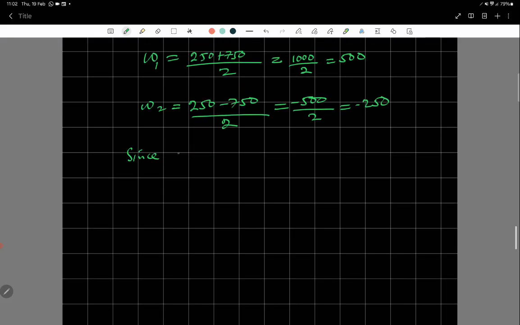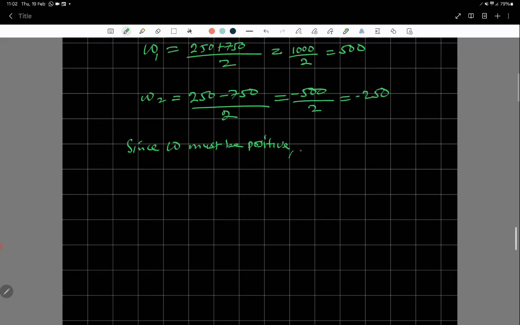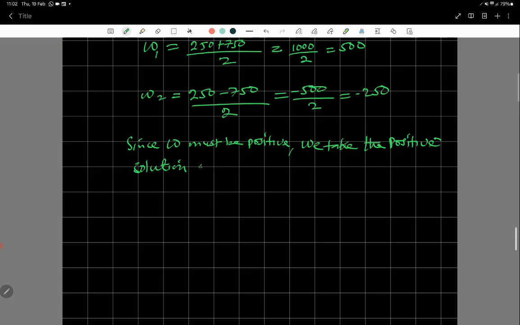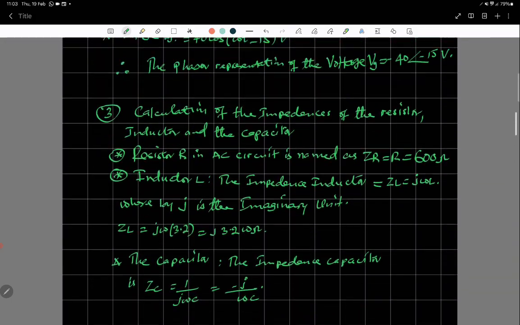Since angular frequency must be positive, we take the positive solution. That is, angular frequency is equal to 500 radians per second. That is the final answer of what we have been looking for from the very beginning.